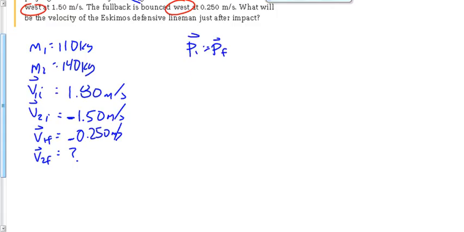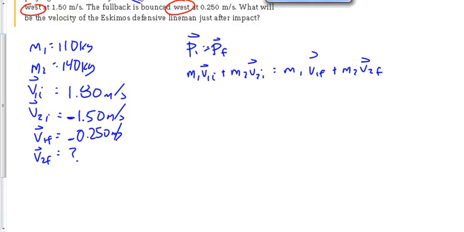PI equals PF, two objects before. And then we get two objects afterwards. Mass 1 is 110 kilograms. V1I is 1.8. Mass 2 is 140.